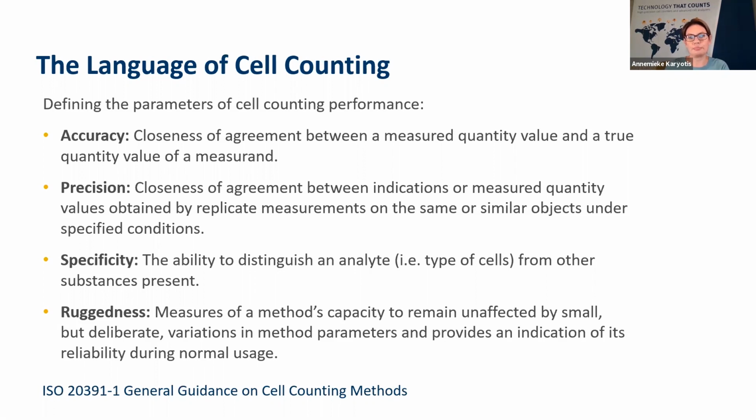Specificity is your cell counting method's ability to cope with any other analytes that might be present, like a contaminant or a magnetic bead. And then ruggedness: whether there might be small effects on your cell counting method, say time of day, different temperatures, this sort of thing.